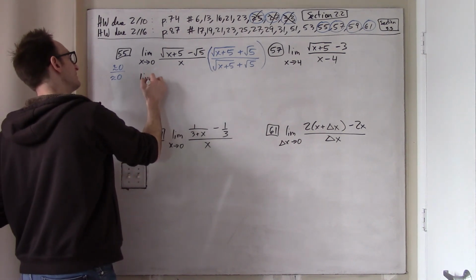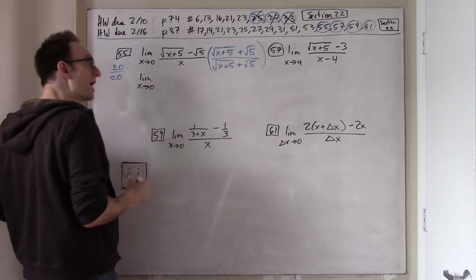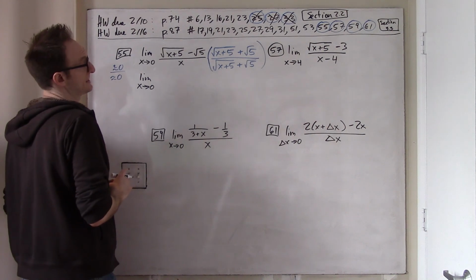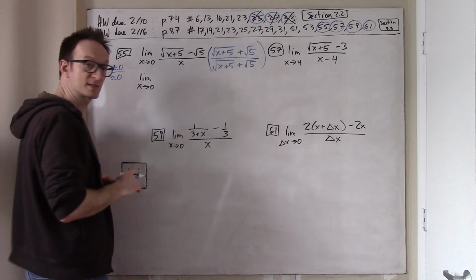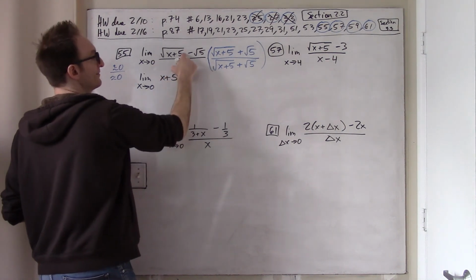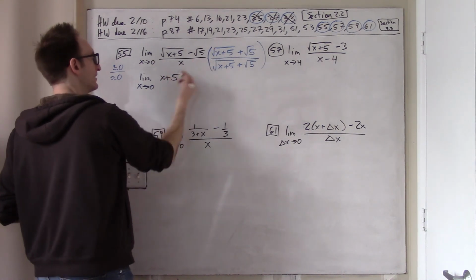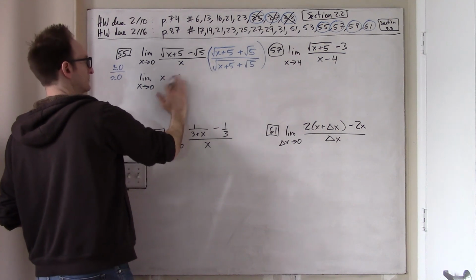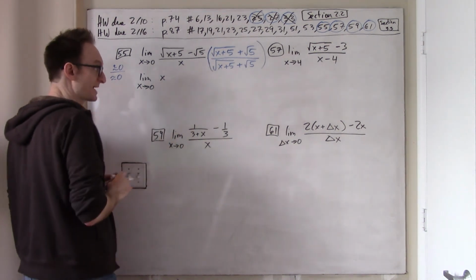Here we now have the limit as x approaches 0 of, well, that numerator is now a difference of squares. That's the whole point of multiplying by the conjugate. And so we get up top x plus 5, but then just minus 5, which is just x.